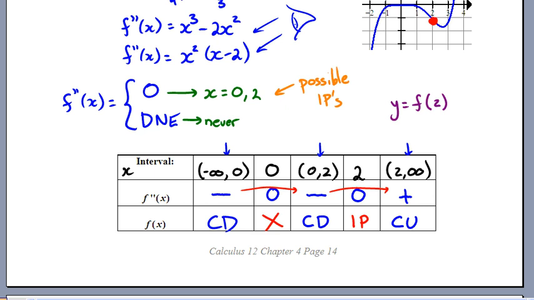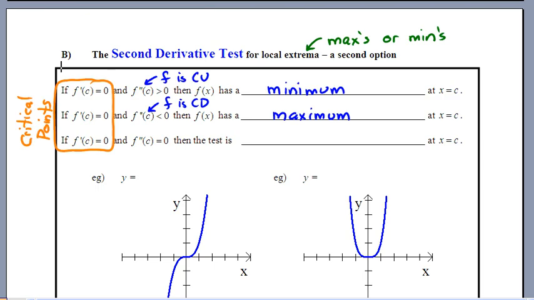But a lesson ago, we had to look at these tables and try to find spots where the first derivative is switching from plus to minus or minus to plus. It takes a fair bit of time to create those tables. This can be fast. All you have to do is check the second derivative at one point, not on an interval, just at one point. And that could be a quick way to see if you've got a maximum or a minimum.